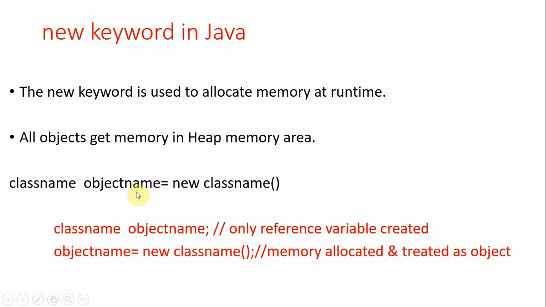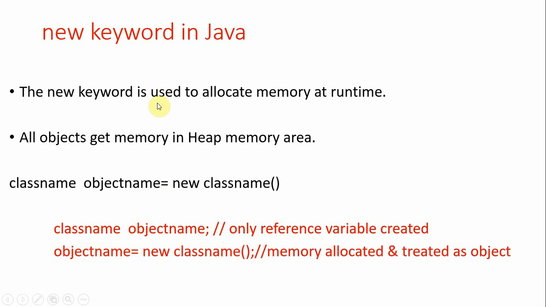If you split the syntax, class name and object name in one part, and object name equal to new class name in the other. Think about how we declare a variable: int a equal to 10. How can we split it? Int a is the declaration of a variable, and a equal to 10 is the initialization. The same principle we follow here. Class name, object name is a reference variable. If you specify int here, that is a data type, and it is called a normal variable, instance variable or local variable.